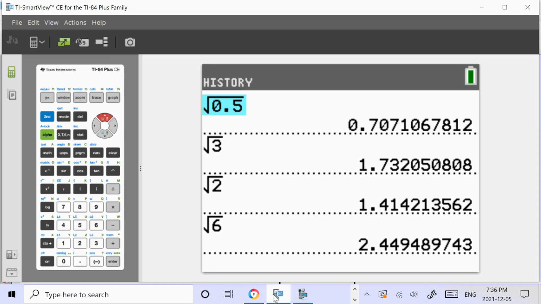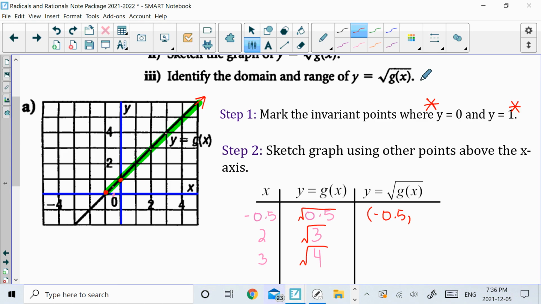So if you look here, I've got that on our calculator. Square root of 0.5 is approximately 0.71. So let's write that down. Okay, so this point here is going to be slightly above the graph of y is equal to g of x.